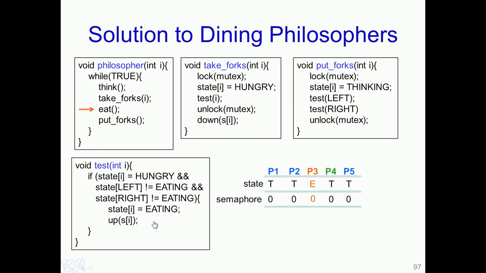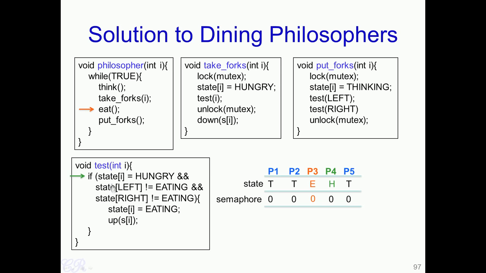Now, let us see another situation where philosopher 4 moves from the thinking state to the take forks state. Take forks gets invoked for philosopher 4 here, and there is a lock mutex. The state is set to hungry for philosopher 4, and test(i) is invoked.